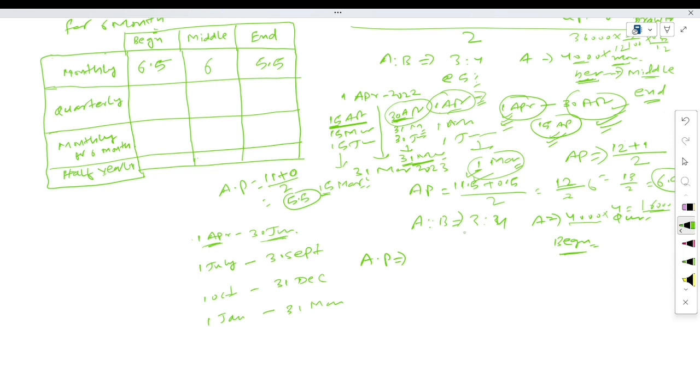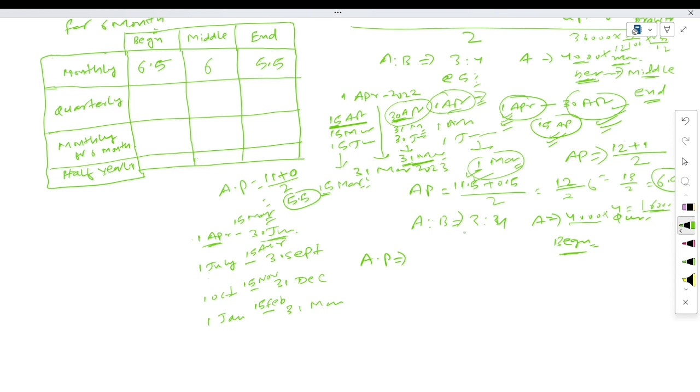Between 1st April to 30th June, 15th May would be the middle of the quarter. Between 1st July to 30th September, 15th August would be the middle. 1st October to 31st December, 15th November will be the middle. 1st January to 31st March, 15th February will be the middle of the quarter. So this is the middle of the quarter.